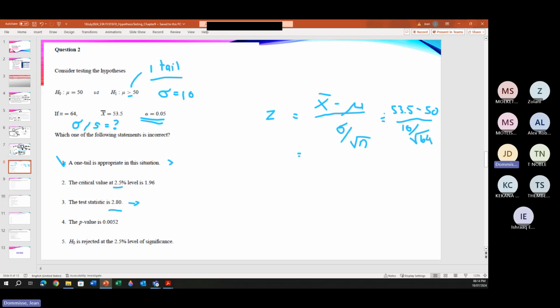Okay, so we've got 53.5 minus 50 is 3.5, and if we divide it, 10 divided by the square root of 64, which is 8, we will get 1,25.